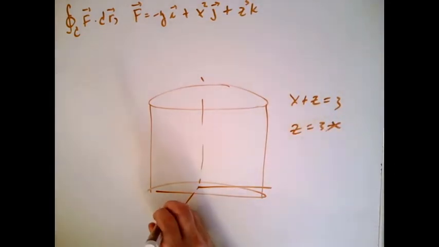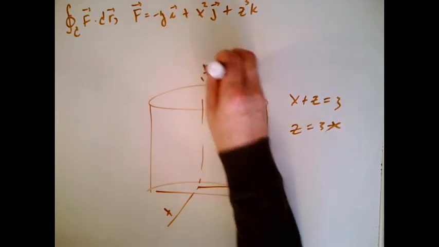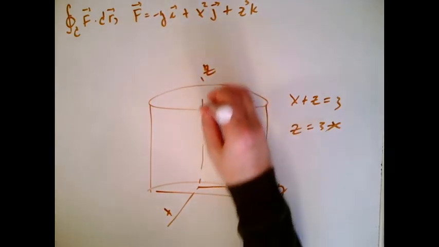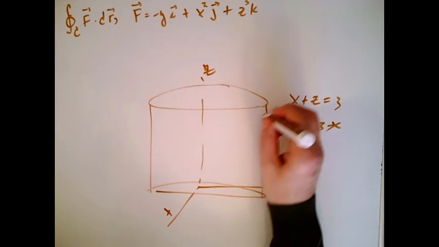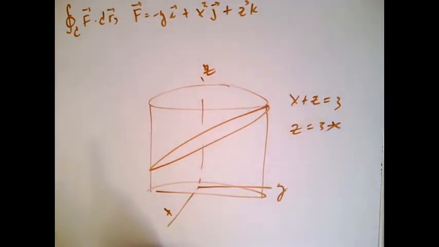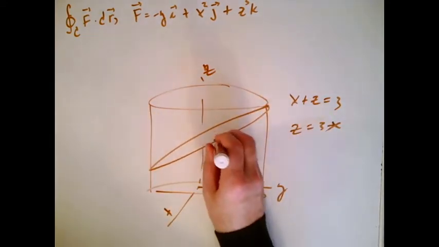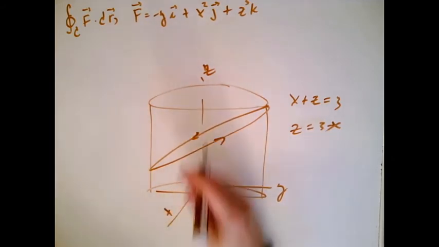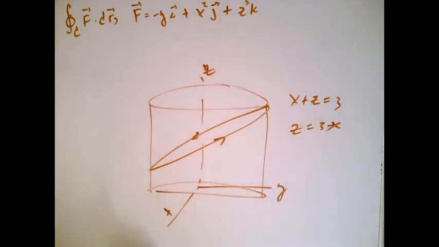Now if this is x and this is z and this is y, that plane is going to come down at a slant like this. That's all I really care about, and we don't need a great picture to do these. I do want that curve, because it's a circle above here, traversed counterclockwise when looked at from above. What that should mean is that when I look at the shadow of this down in the xy plane, I'm going our ordinary counterclockwise, which is great.